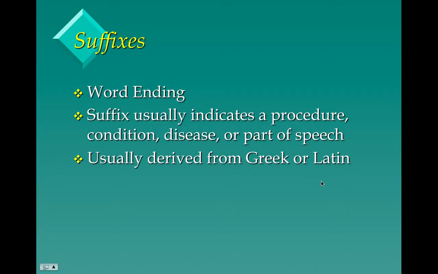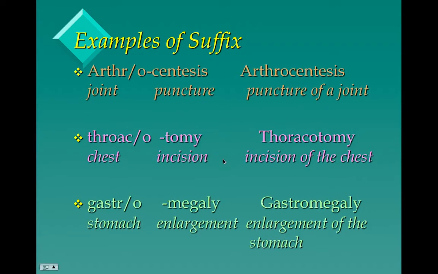Okay, suffixes, as you know from your English classes, are the endings of words. Suffixes usually indicate a procedure, a condition, a disease. Once again, usually from Greek and Latin. Here are some examples. Centesis, puncture, would be the suffix.